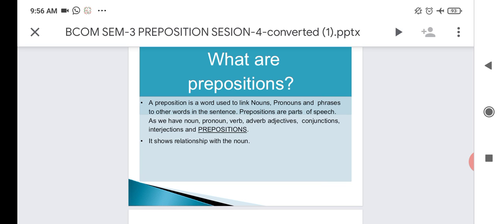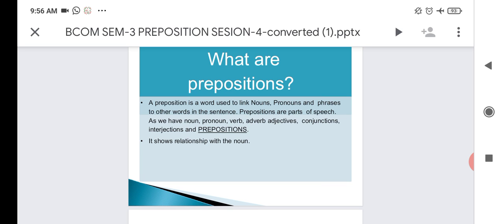A preposition is a word used to link nouns, pronouns and phrases to other words in the sentences. Preposition એટલે શું? તો કે એવા શબ્દો કે જે નાઉન, પ્રોનાઉન અને ઘણીવાર ફ્રેઝિસ અને બીજા શબ્દોને જોડવા માટે વાક્યમાં ઉપયોગમાં લેવાય છે. Prepositions are parts of speech.